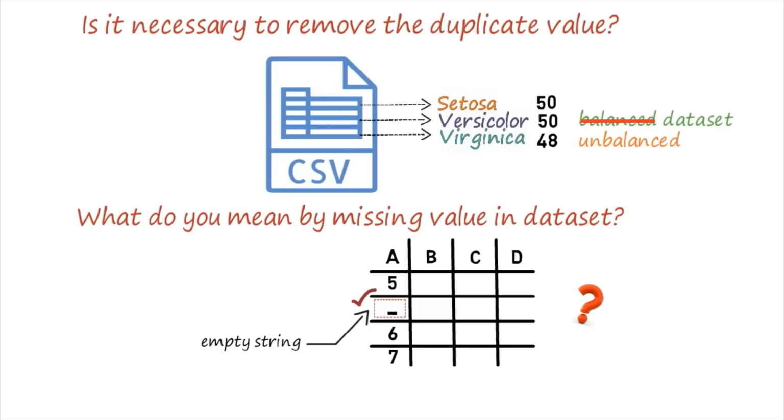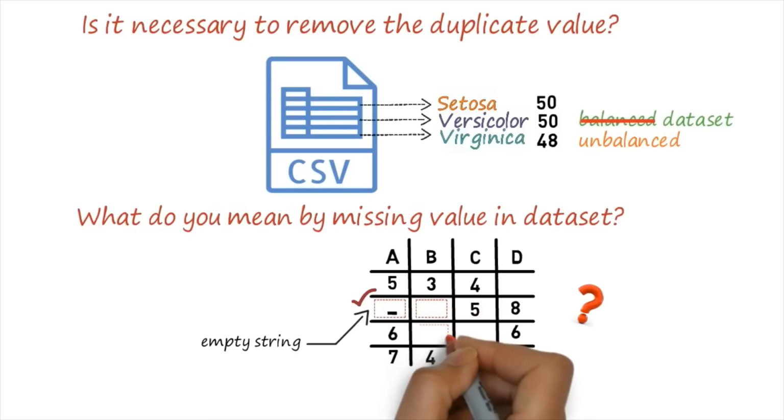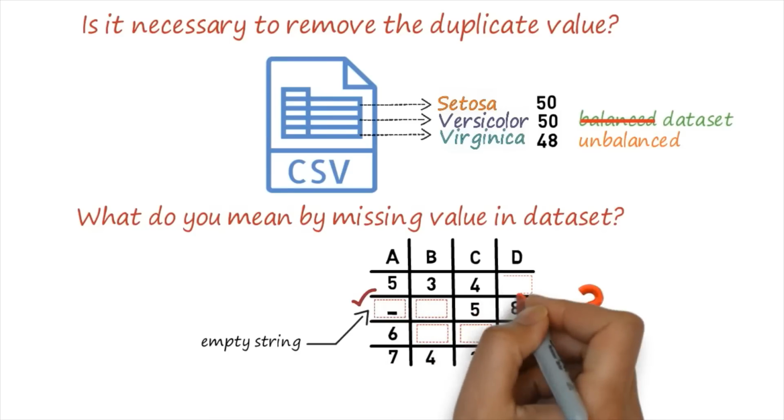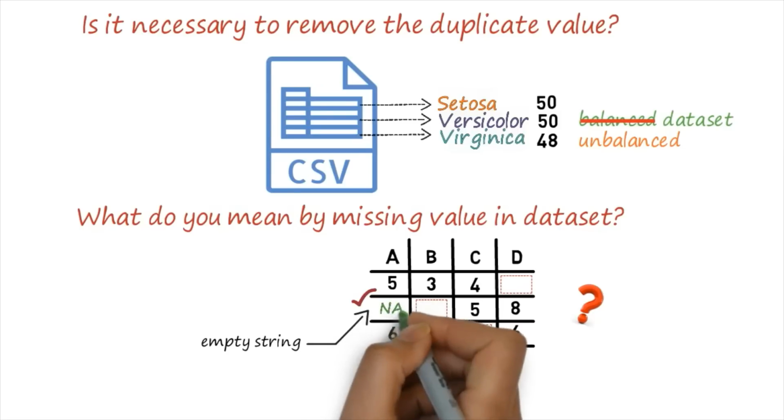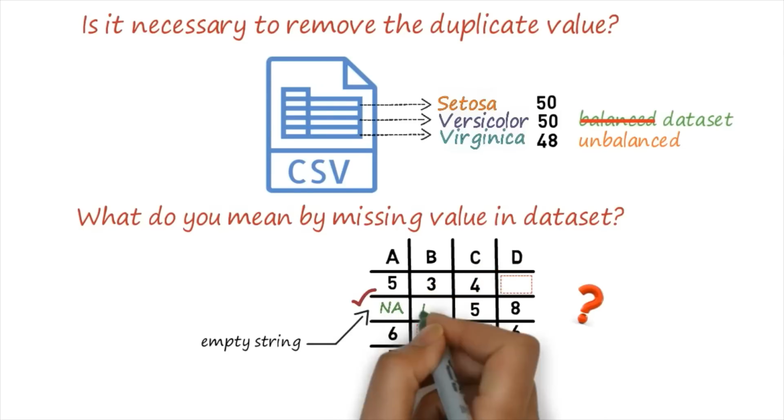It will not be able to work on this. So what can you do? If you find that some places in your dataset are vacant, then you have only two options: either you write NA or you write NaN.